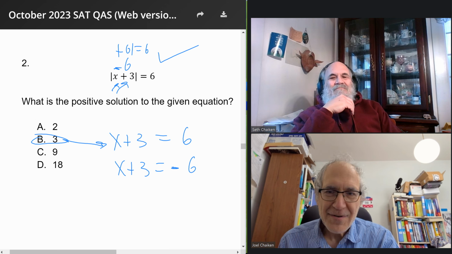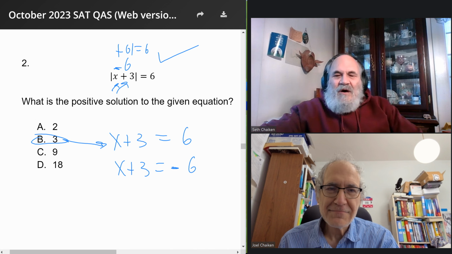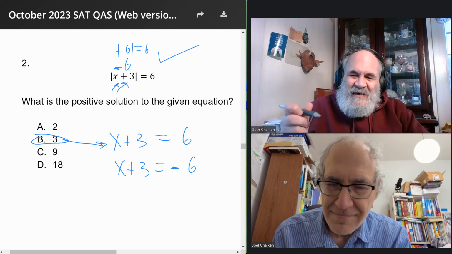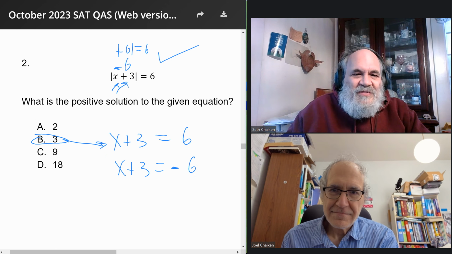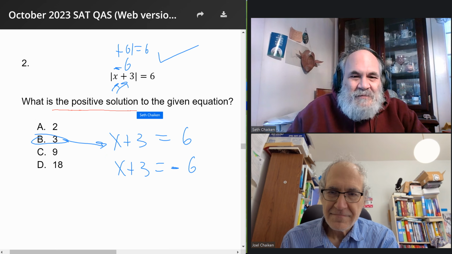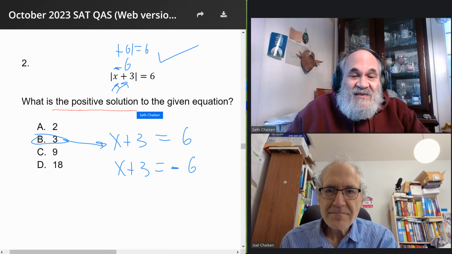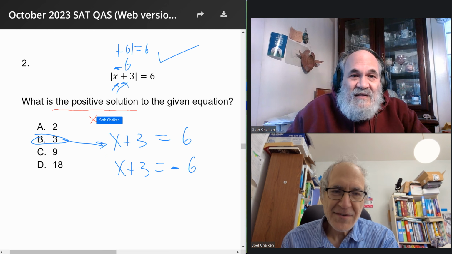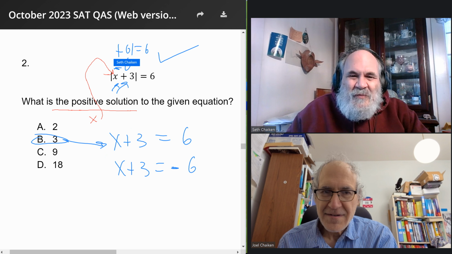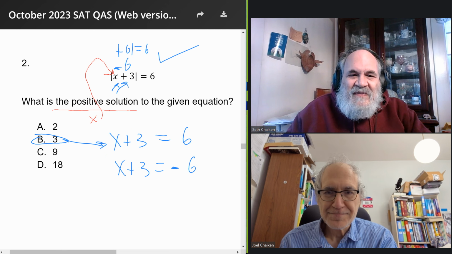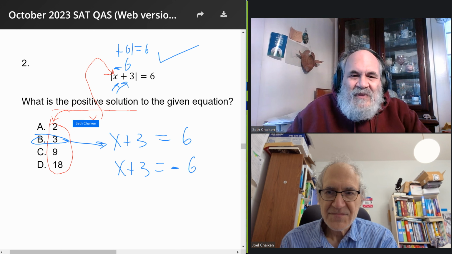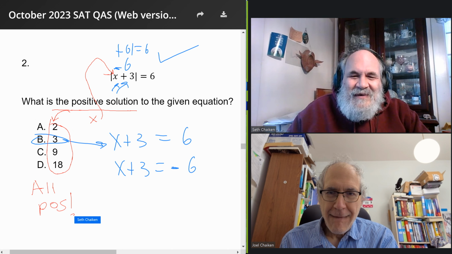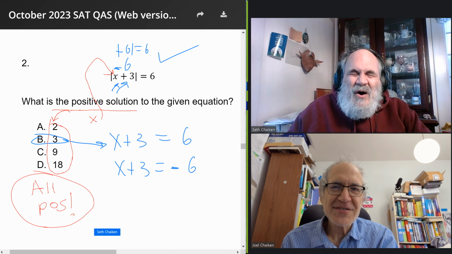They are asking for the positive solution. The solution is the x that makes the equation true. And then the choices are these 4. All the choices are positive, but not all the choices are correct.